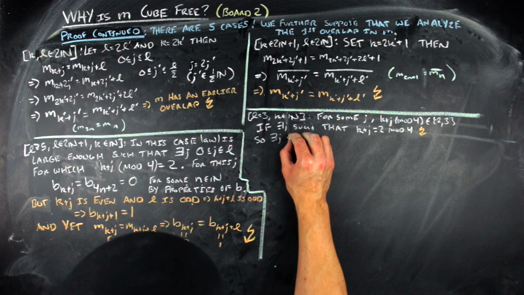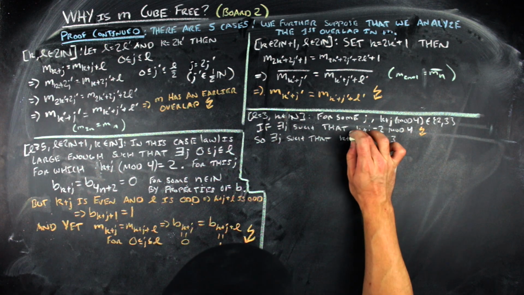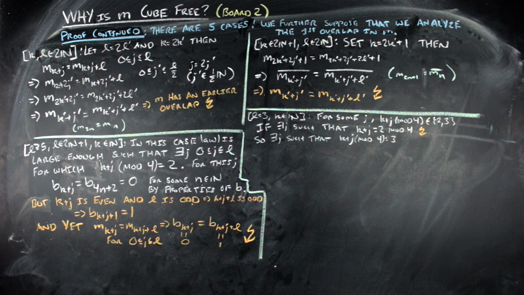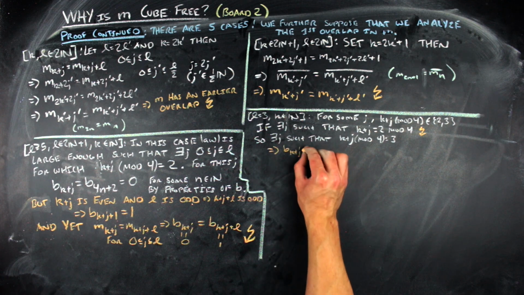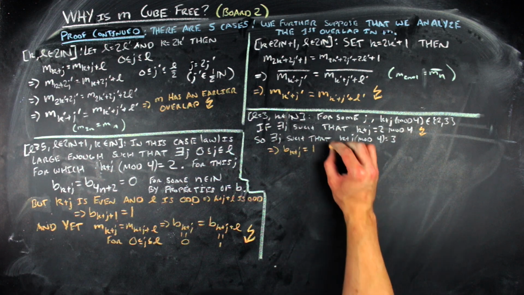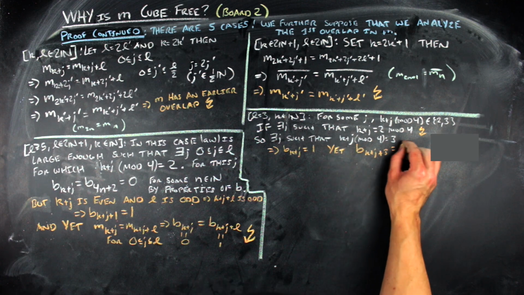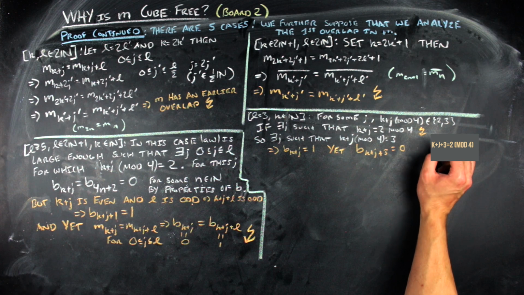So if K plus J is equal to 3 mod 4, then that tells us that K plus J is an odd number, and we have that B sub K plus J is equal to 1. However, because K plus J is equal to 3 mod 4, K plus J plus L, which here is equal to 3, is going to be equal to 2 mod 4.